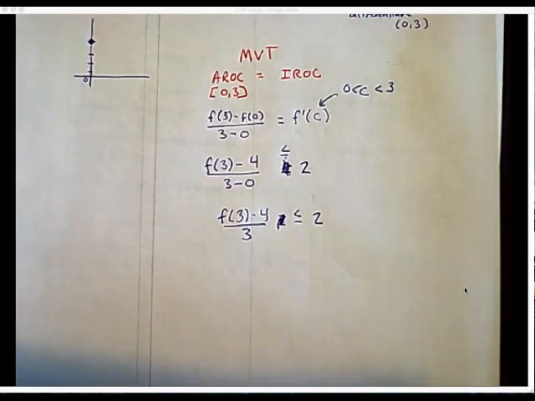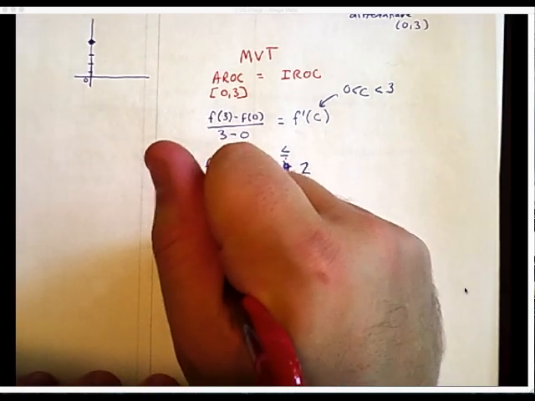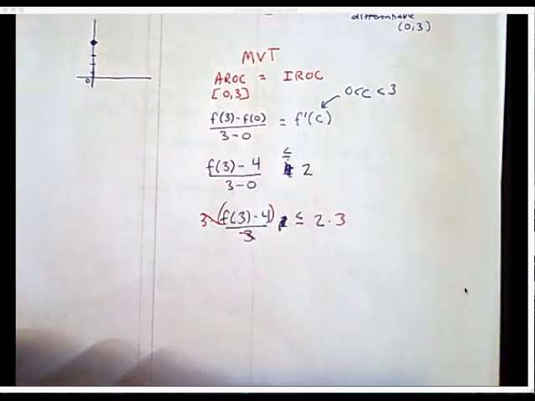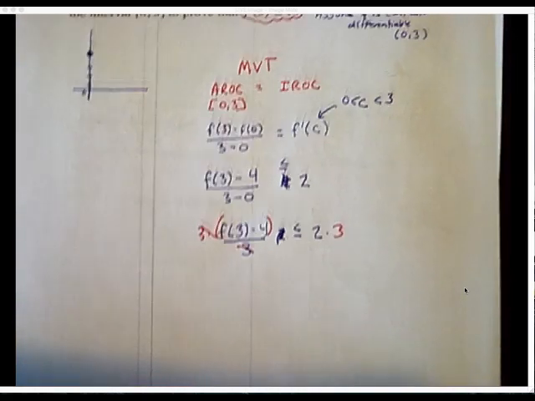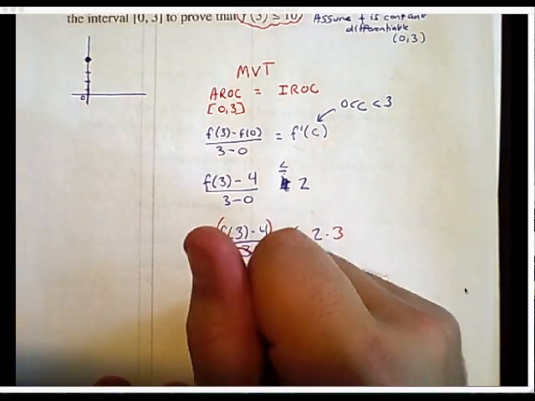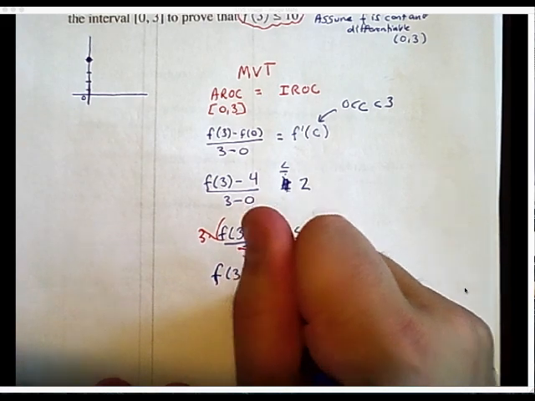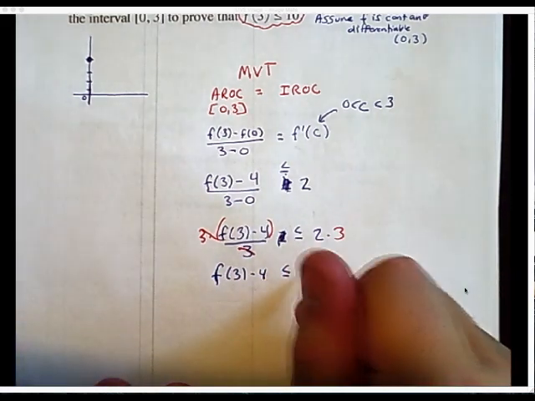So what can I do here on both sides with this inequality? I could multiply both sides by 3. That would get those to cancel. So now I get f of 3 minus 4 has to be less than or equal to 6.